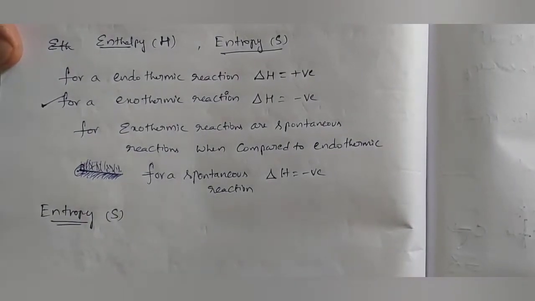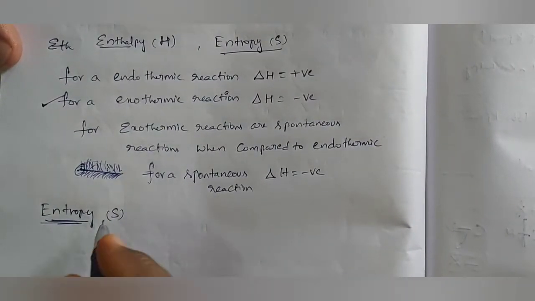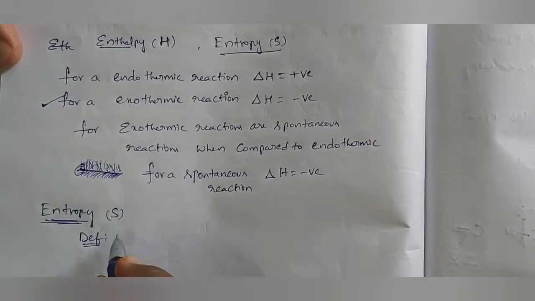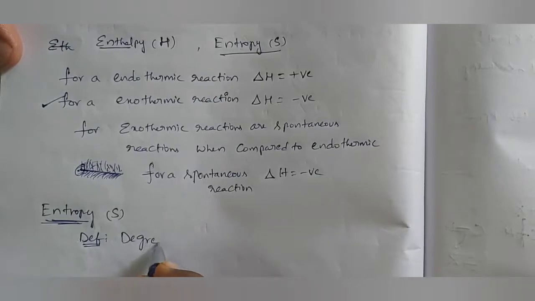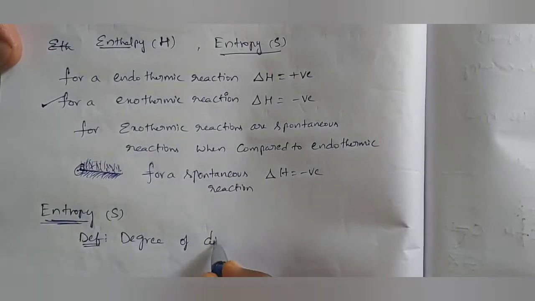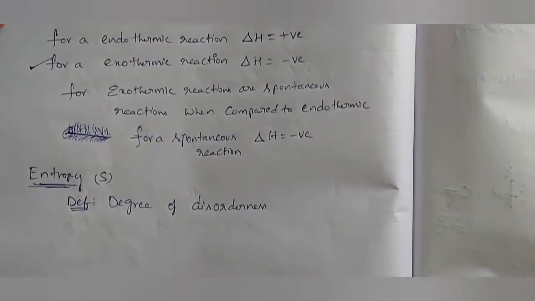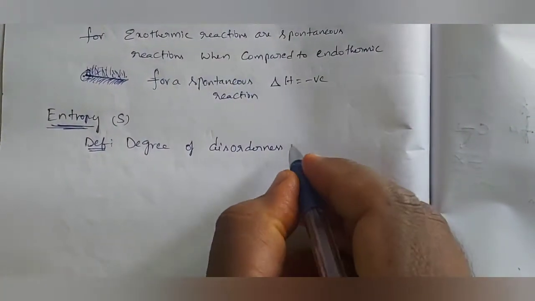Entropy, S. Okay, now the definition of this entropy is degree of disorderness. Degree of disorderness is called entropy.